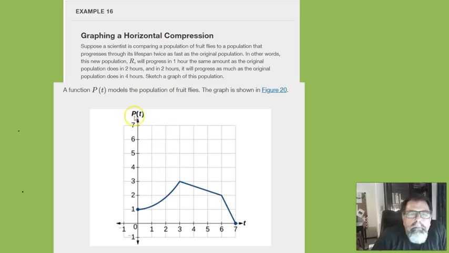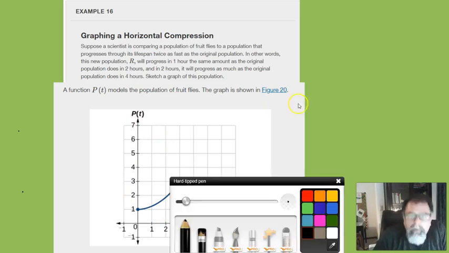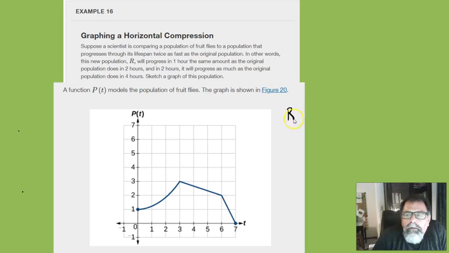Okay, so here's our graph for a population of fruit flies, and remember our R of t is going to be twice as fast, so that's going to be p of 2t. So R of 1 is going to be equal to p of 2.